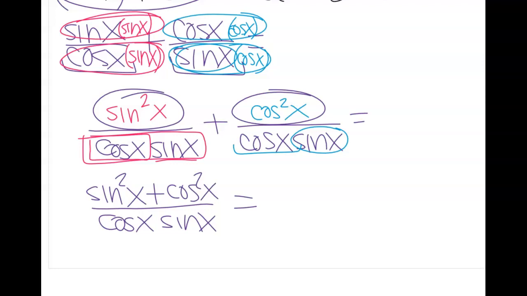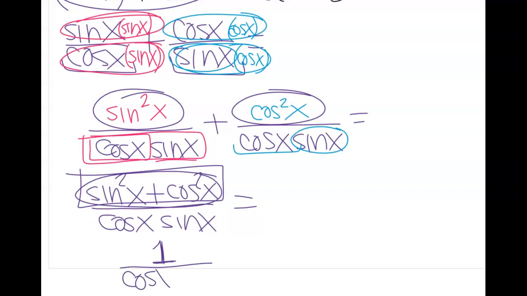And by the Pythagorean identity, the one that is kind of like, as I told you, a lifesaver, anytime you see it, you're allowed to replace that by the number 1 because that's what the Pythagorean identity says. So I take this whole expression and just replace it with the number 1. Now that is divided by cosine x times sine x.